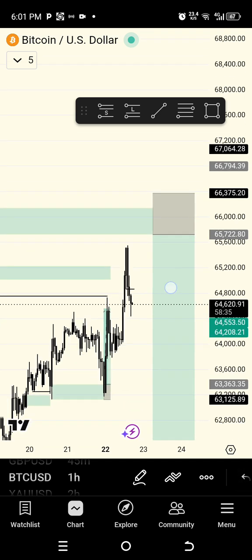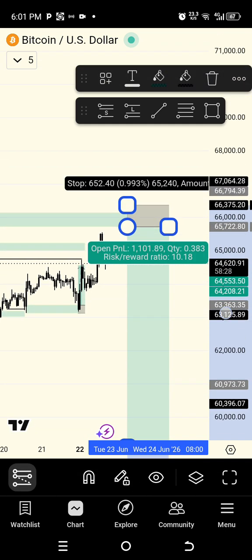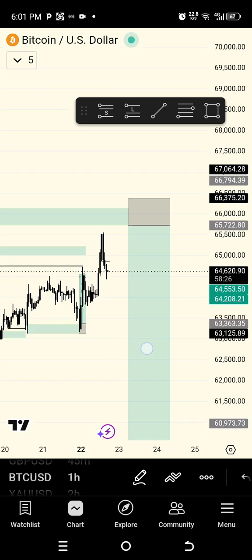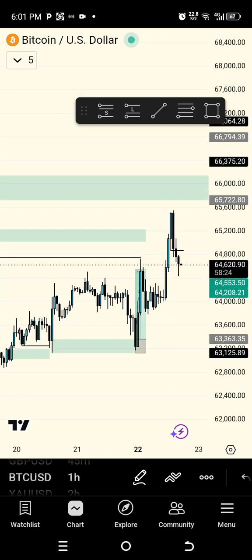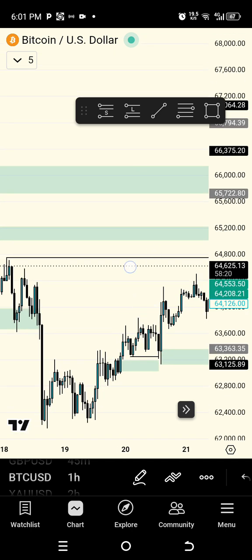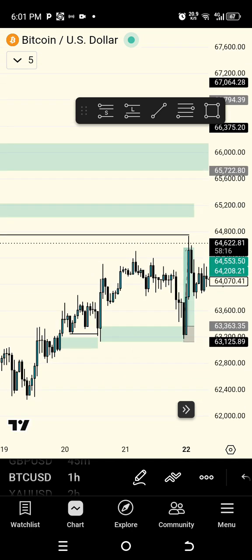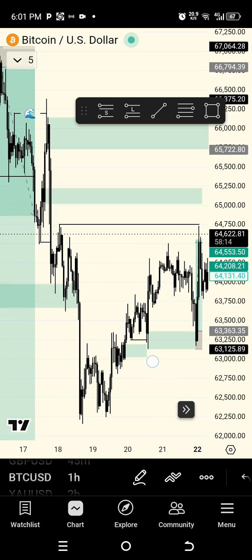Then I'll take this sell, and this gave me a total of 1:10. And I forgot about this buy. Since this place is a liquidity level, I was looking for a way to cash some buys up to my point of interest.